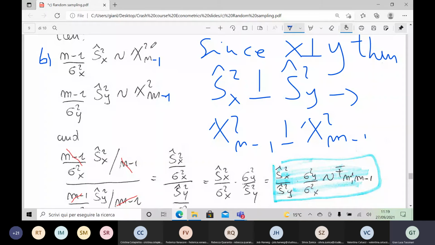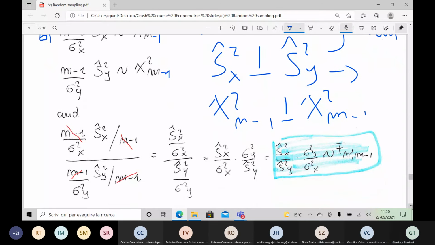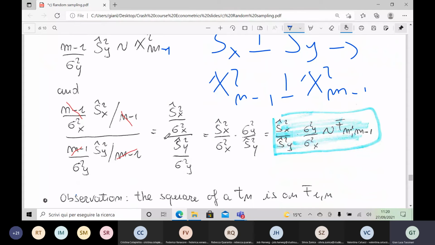In the numerator, for example, I put this one, divided by its number of degrees of freedom. Everything divided by this chi-square divided by its number of degrees of freedom. You see that you can simplify this with this, and you get this one.